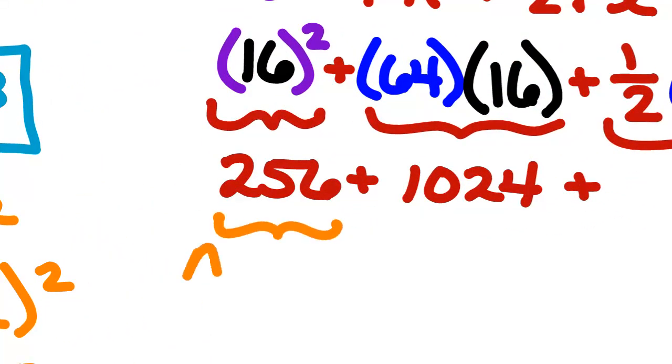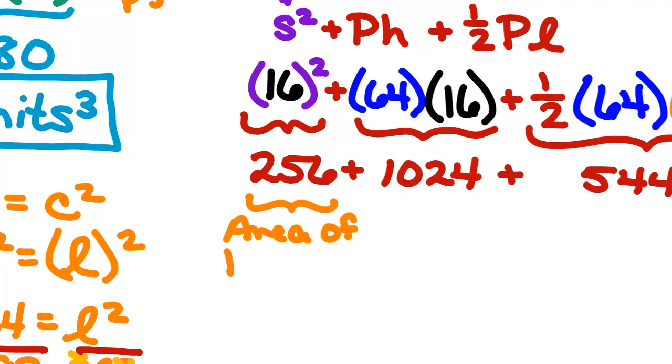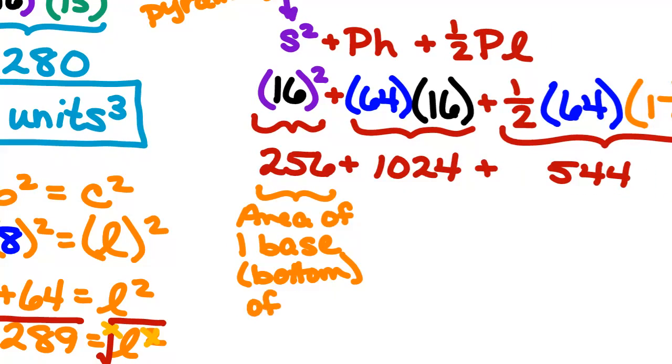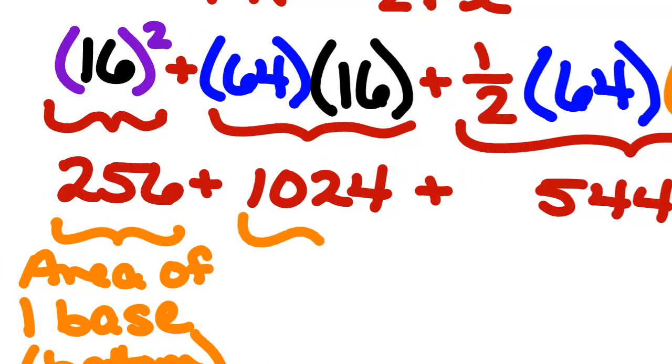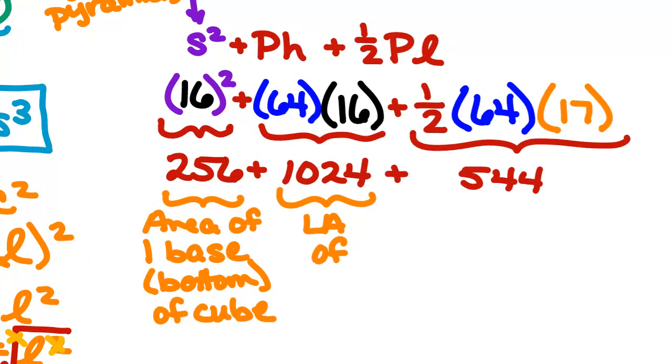So this is the area of one base, the bottom of the cube. Right here in the middle, this is the lateral area of the cube.